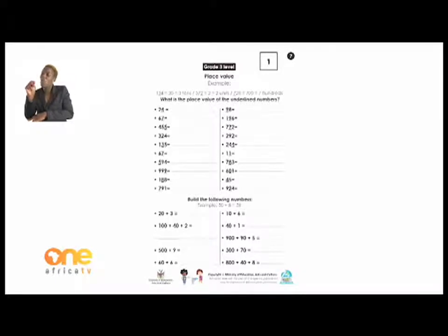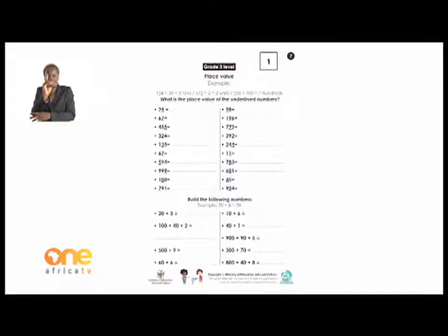All right, let's quickly look at the activity that I have for you there. What is the place value? Remember, place. We want to know the place of the number that has been underlined. Let's look at the first one, 24. The number 4 is underlined. In other words, we want to know the name of that place.